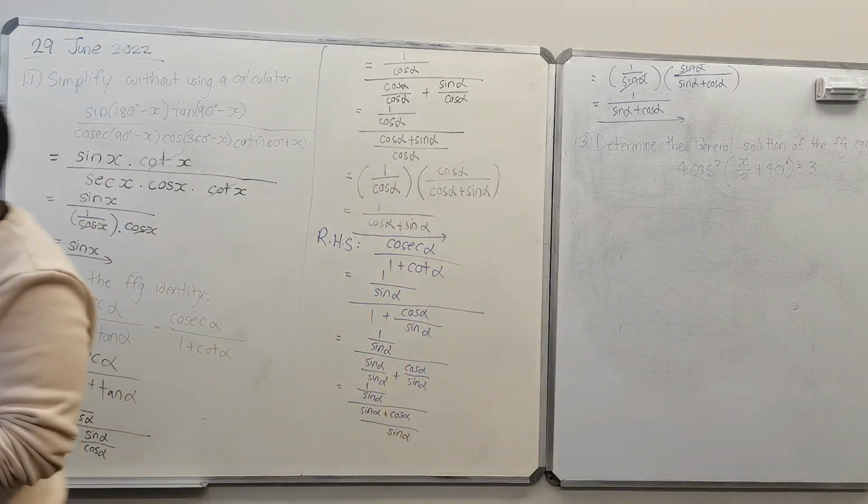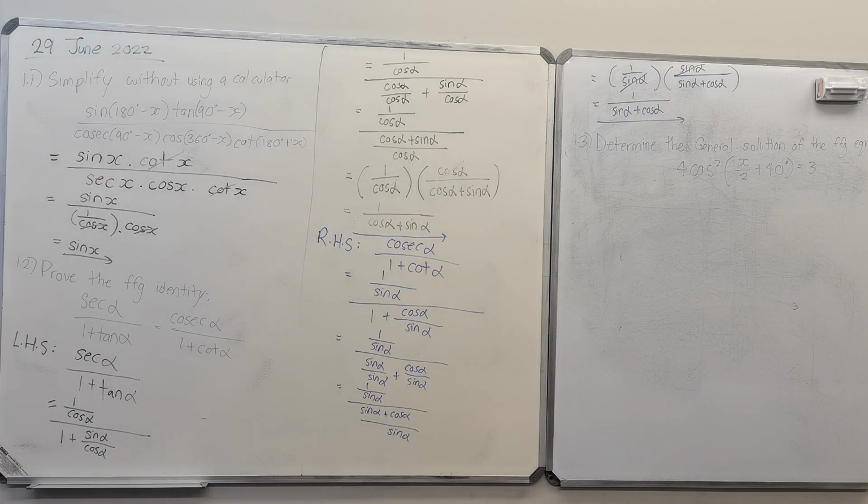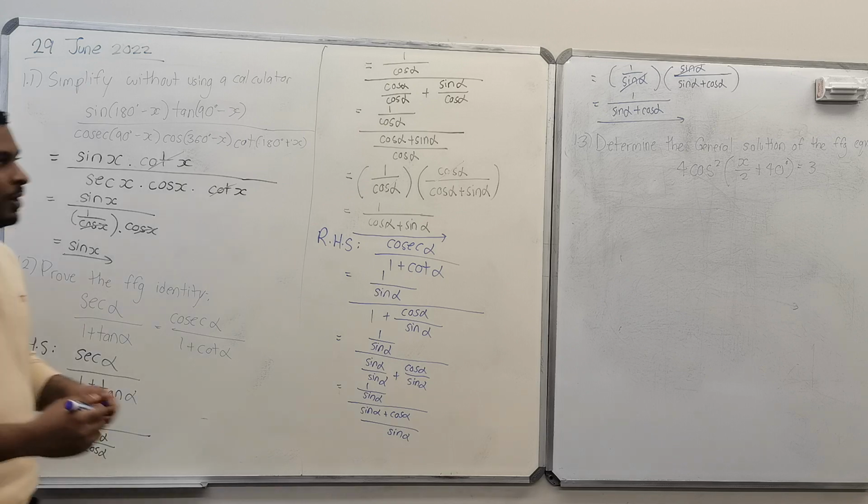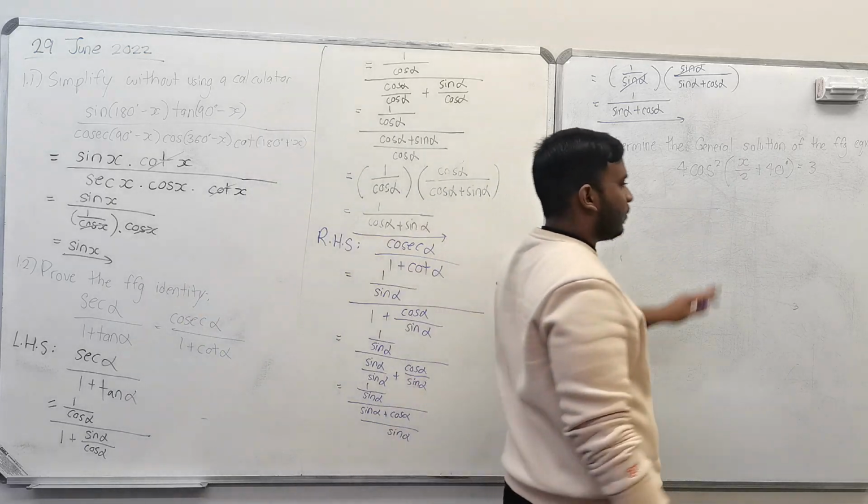Okay, so the question is, determine the general solution of the following equation. 4 cos squared of (x over 2 plus 40 degrees) is equal to 3. General solution is where we would normally start solving for x and all the values of x. So now what we'll do, we'll simplify this formula.